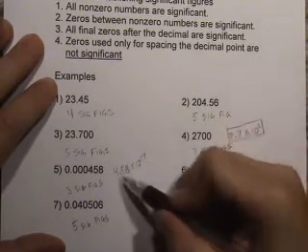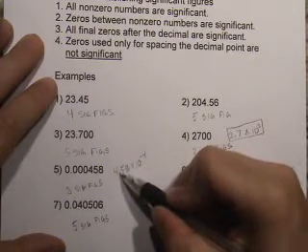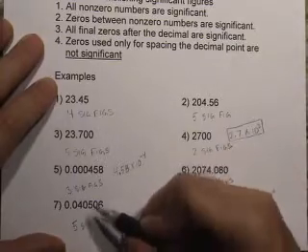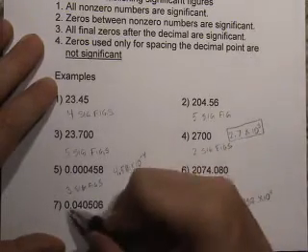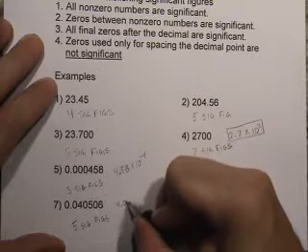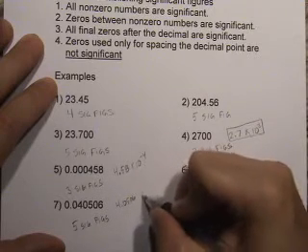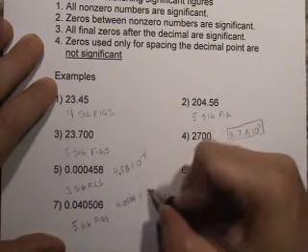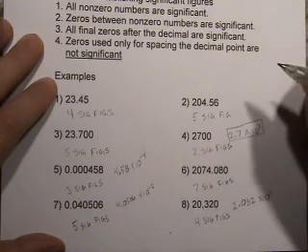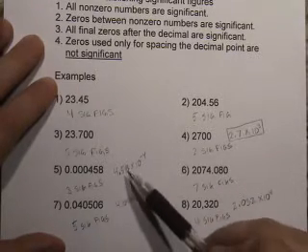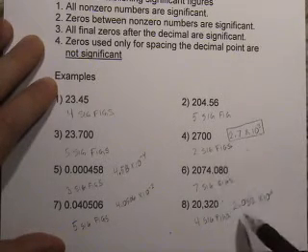And that 10 to the negative 4th means that when you write this number in long form, you would move the decimal to the left. I could just as easily have done it for this number, 0.040506. I would write that as 4.0506 times 10 to the minus 2.